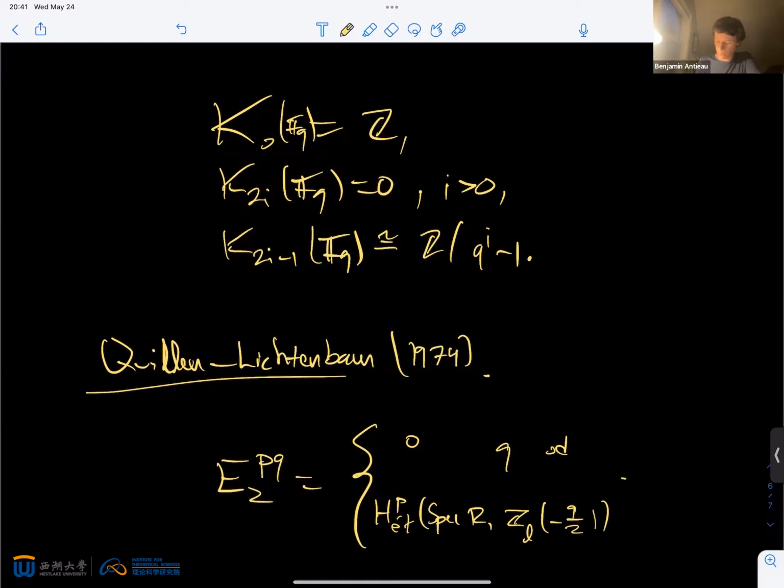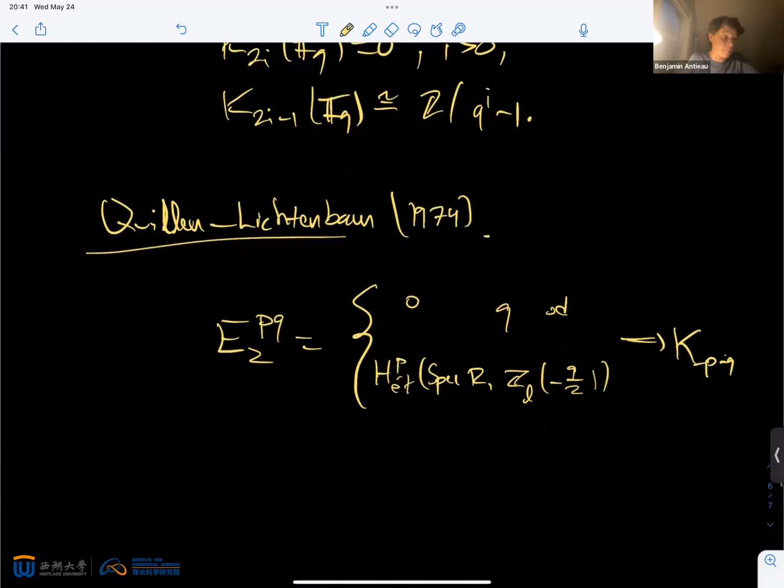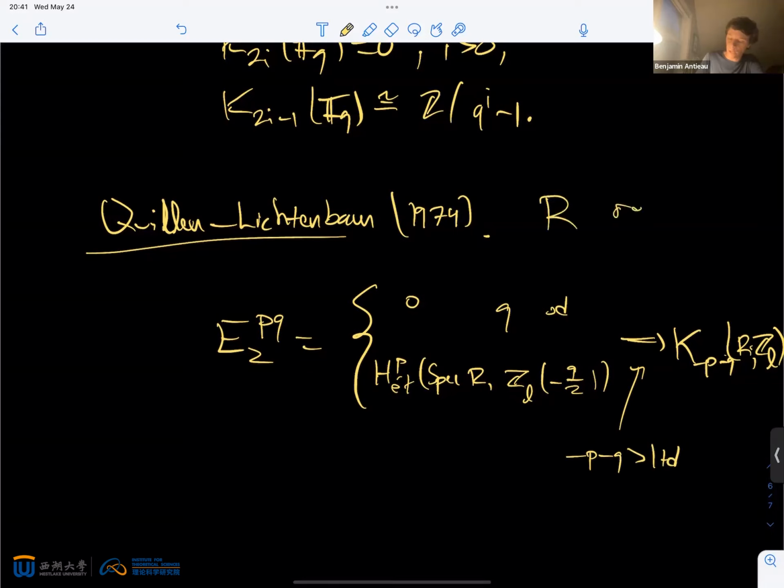But okay, converging to K_{-p-q}, it's a little bit more visible, of R with coefficients in Z/l. And this convergence should be, at least if minus p minus q is more than 1 plus d. So this is for R a regular Noetherian ring of Krull dimension d.